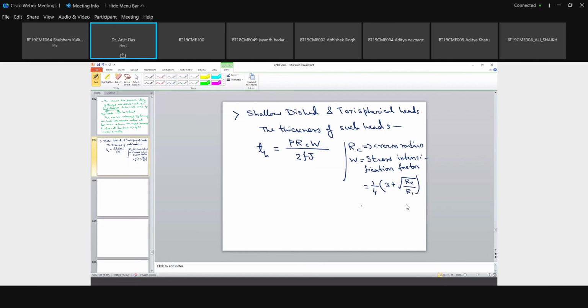R1 is nothing but the knuckle radius. So if you know this value, then you can find the other. J is nothing but what is J? Joint efficiency, 0.85, 0.9, whatever it is.